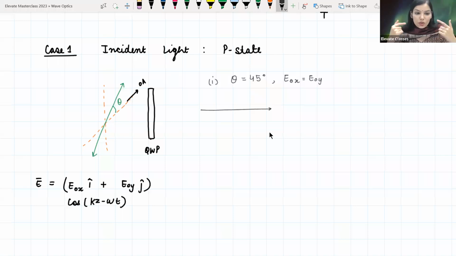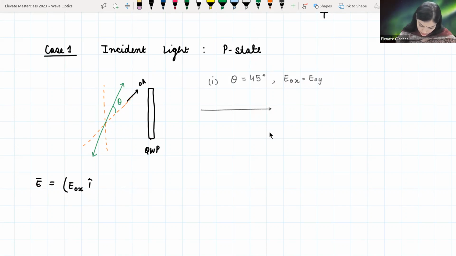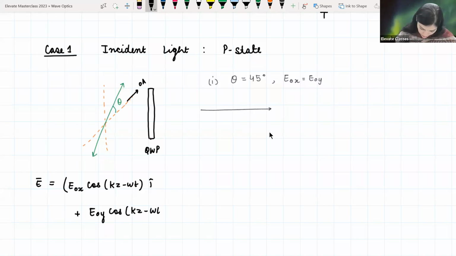Okay? So introducing a phase difference of pi/2 means I can write this differently. The cosine is a little hard to visualize like this, so I can multiply cos with each of these, then it's easier. So this is cos of kz minus omega t i plus E0Y cos of kz minus omega t j.